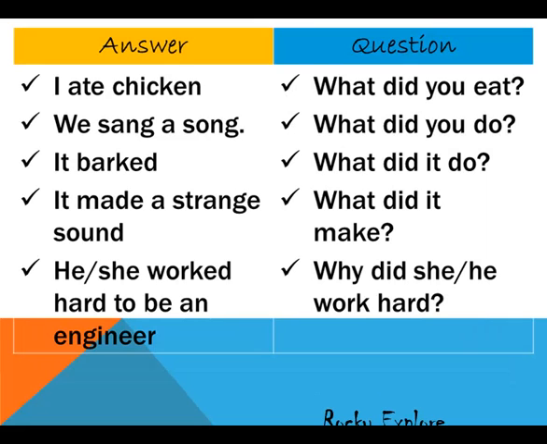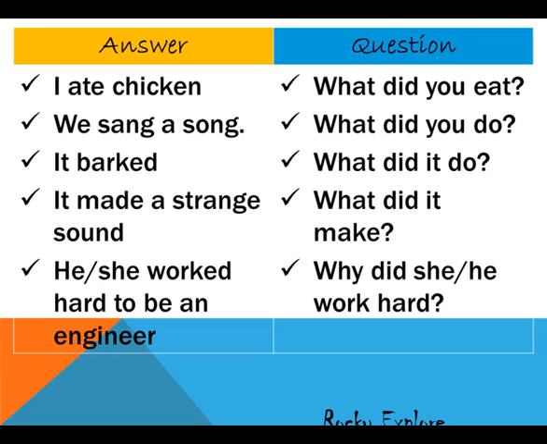Next is about answers and the questions in relation with them. I ate chicken. How can this be an answer for a question, and how do we construct that question? The answer is I ate chicken. Ate is constructed using did plus eat. So take the main verb, did, and the next verb, the subordinate verb, eat.